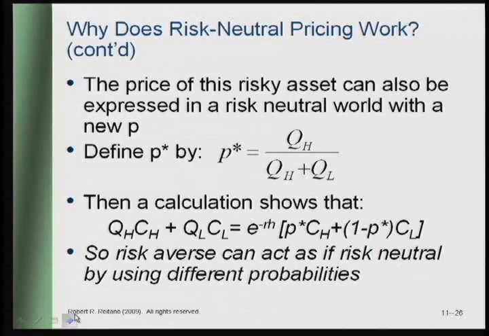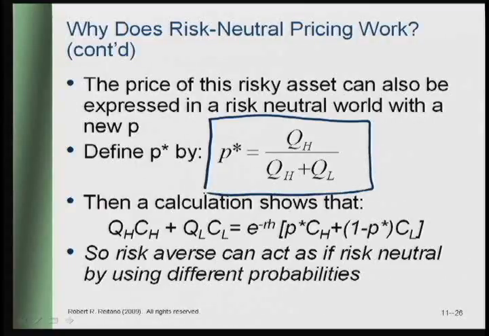So now, I mentioned in my introduction to this section that a risk-averse investor can act as if they're risk-neutral if they change probabilities, and that's what we're going to do next. This risk-averse investor originally had a probability of P for an up state, and that's how this investor did their pricing. So now we're going to define a new probability, P star.